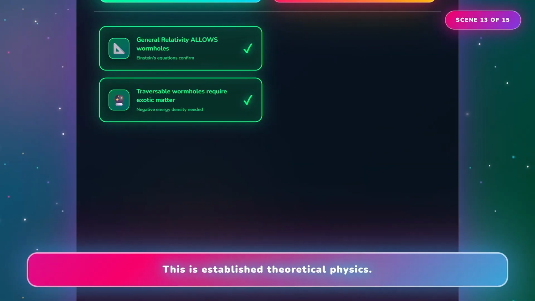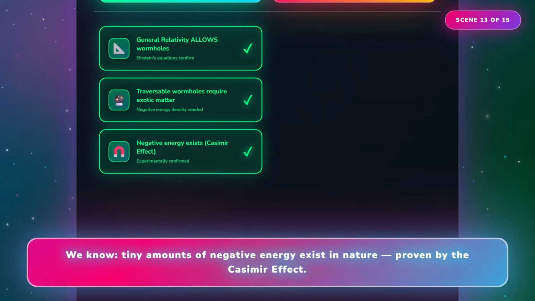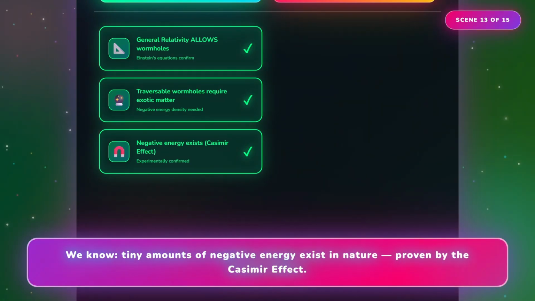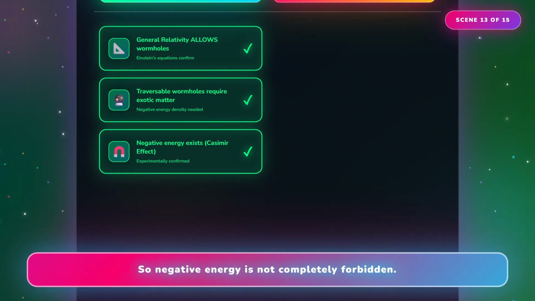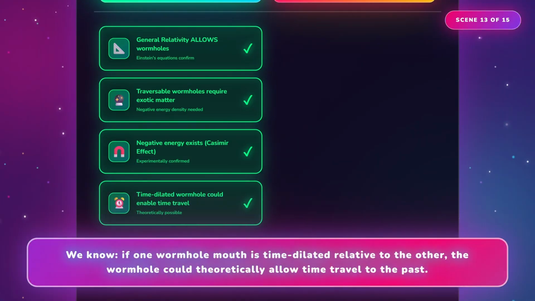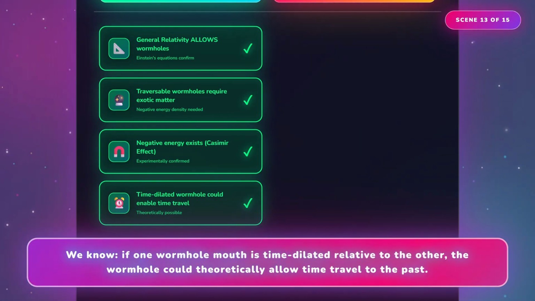This is established theoretical physics. We know tiny amounts of negative energy exist in nature, proven by the Casimir effect. So negative energy is not completely forbidden. We know if one wormhole mouth is time-dilated relative to the other, the wormhole could theoretically allow time travel to the past.